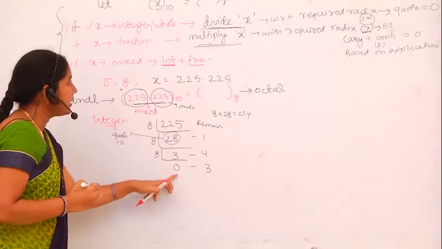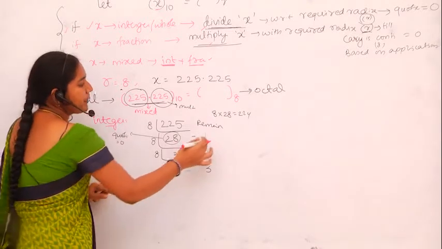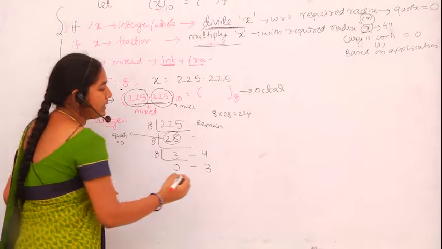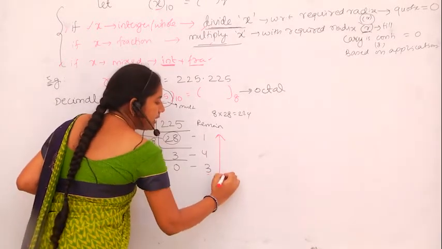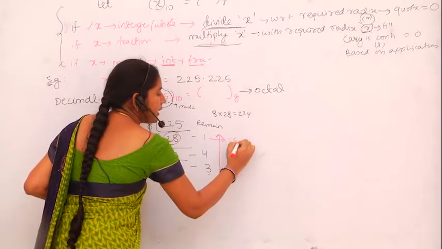As the quotient is 0, we can stop here itself and consider all remainders as the octal equivalent, taking these values in upward direction. This 3 is MSB now and this 1 is LSB.